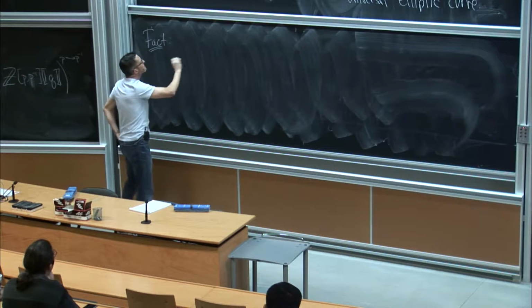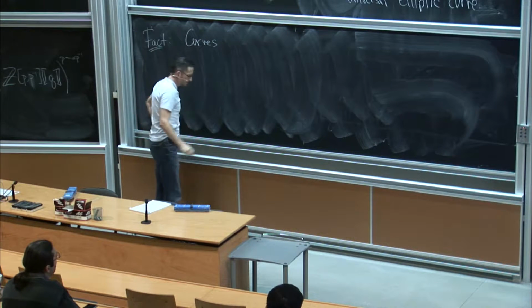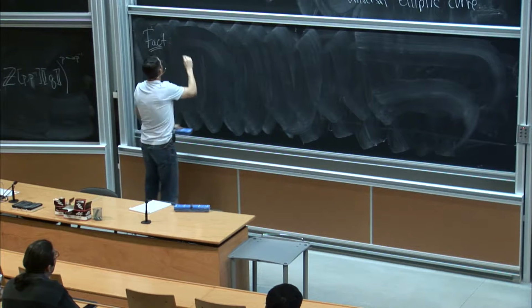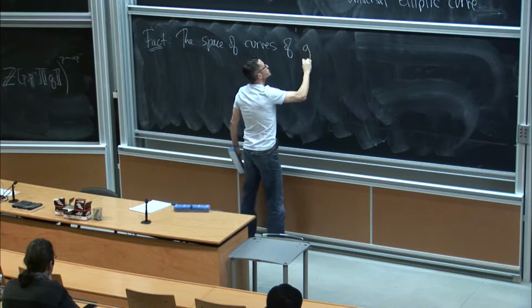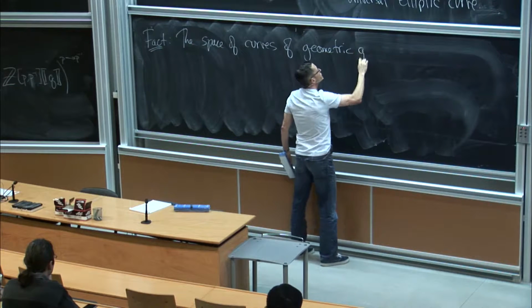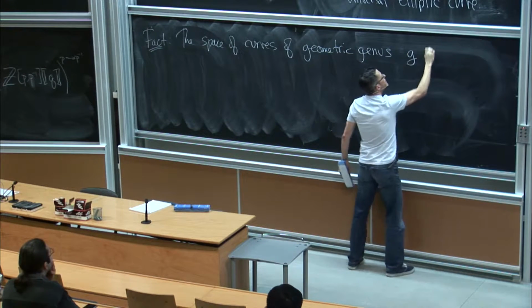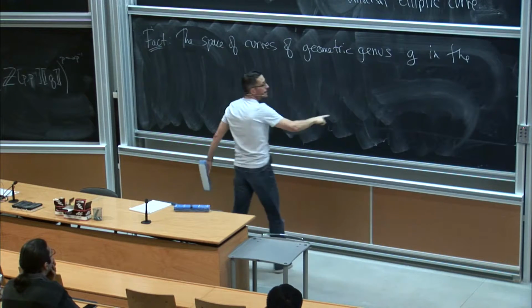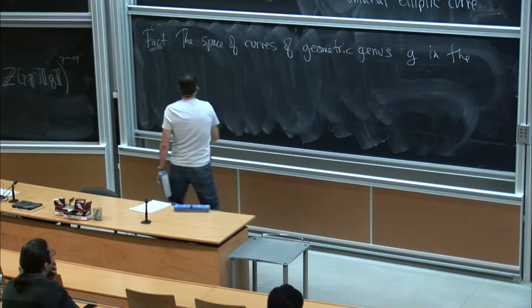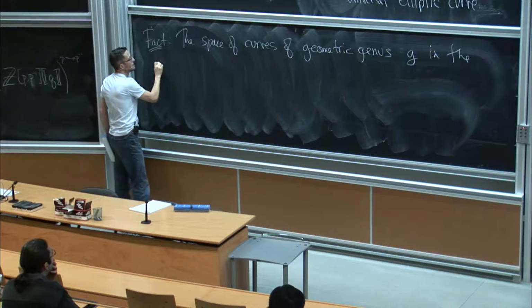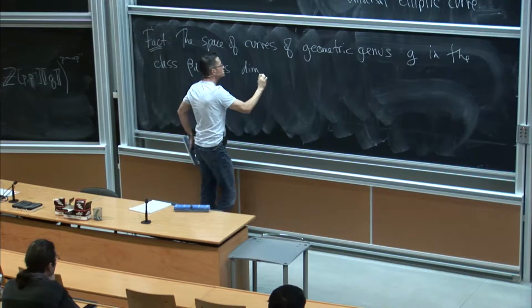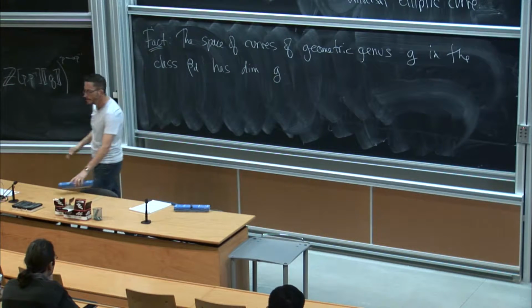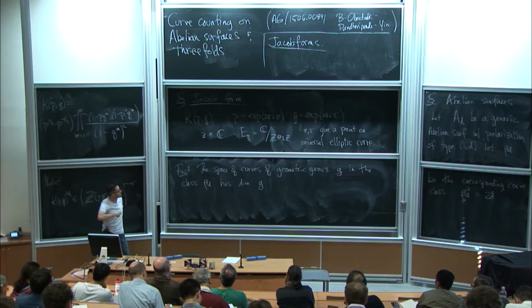So a not too difficult fact is that the space of curves of geometric genus G, I mean, of course, the arithmetic genus is determined by the adjunction formula, but the geometric genus can vary in the class beta D, has dimension G. But part of that is at least two dimensions that I get just by translating a curve by the abelian surface.